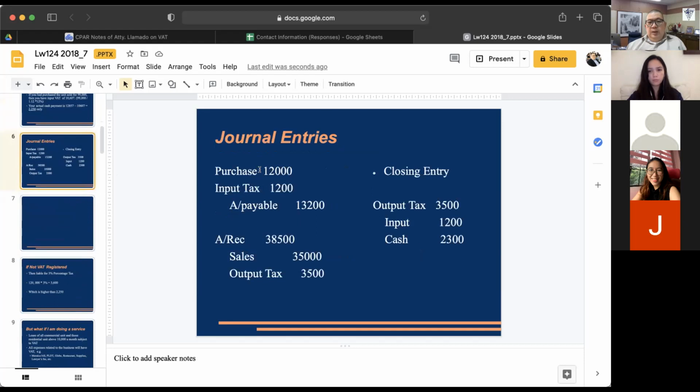If you purchase something for 12,000, you sold it for 38,500. This is the VAT exclusive scenario. Then effectively your cash out is only 2,300. So ito yung journal entry mo naman.